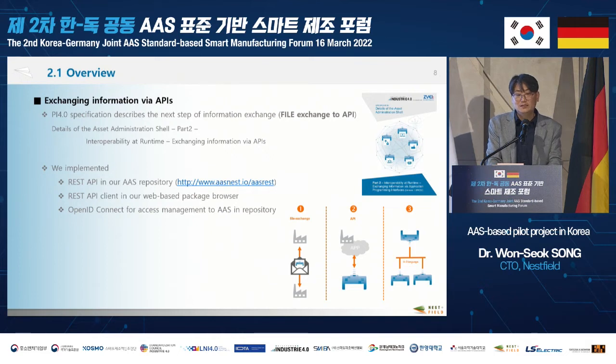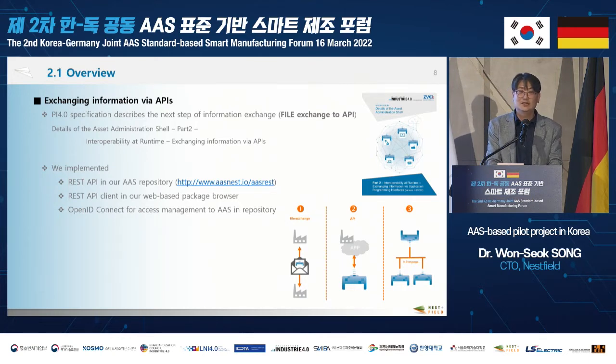You can see the title of that documentation. The key point is written on the right side. You can see the diagram at the bottom of the right side. This is showing how AAS will be developed. This is a kind of roadmap.